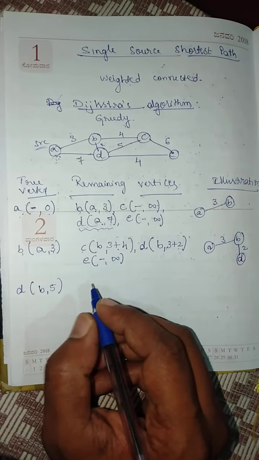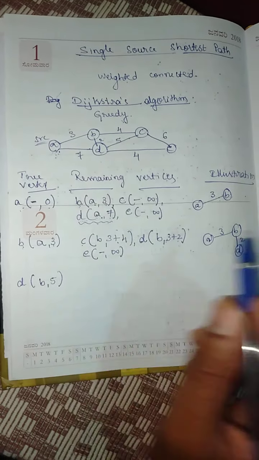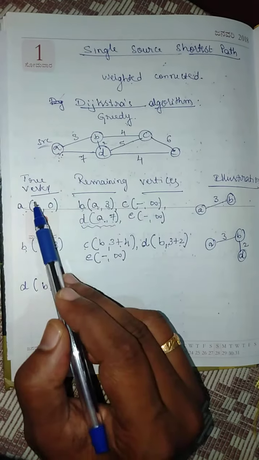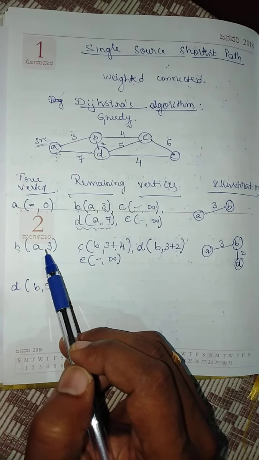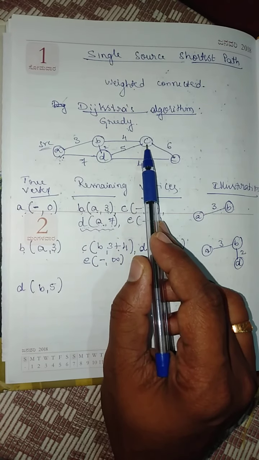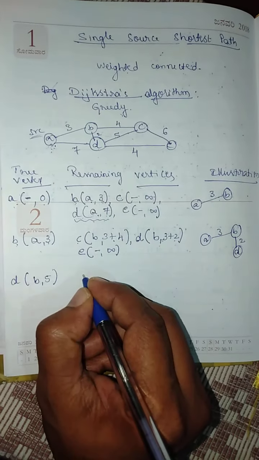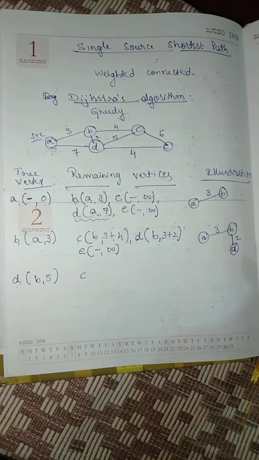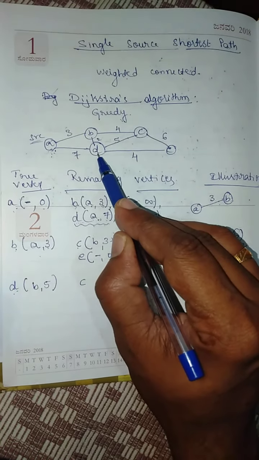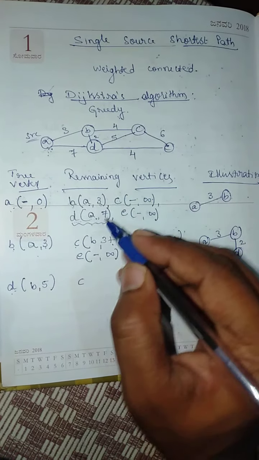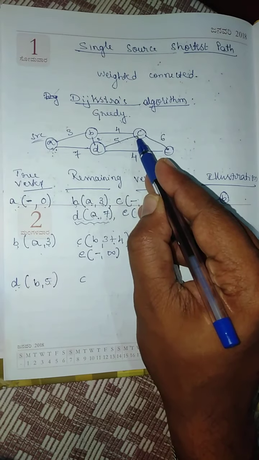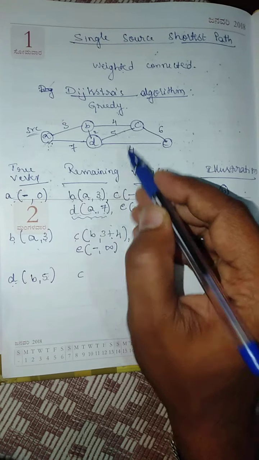Now from D, which are all connected: A, B, C, E. So A, B are already included in the tree vertex. You should not consider them. So the remaining vertices C and E. Is C reachable from D? Yes, C is reachable through D from A with a cost of 5 plus 5, 10, isn't it?